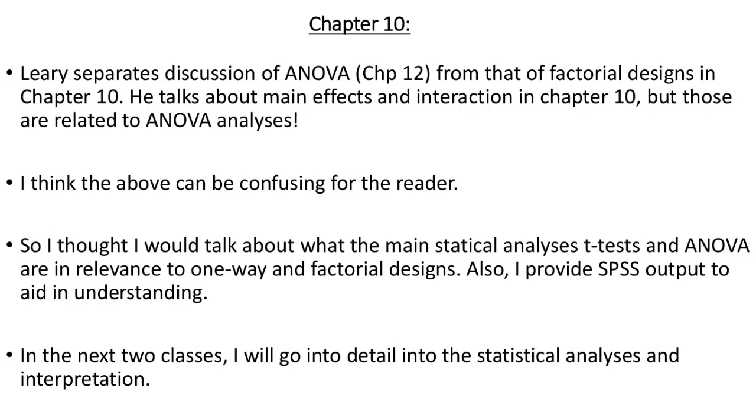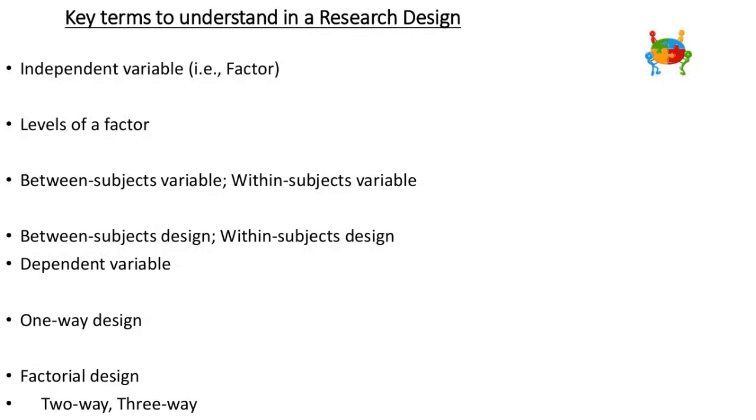I'll talk about the main statistical analyses, t-tests and ANOVAs, in relevance to one-way and factorial designs, and I'll also provide SPSS to aid in understanding. In the next two classes, you will go into more detail about the statistical analysis and interpretation. So let's go over some key terms which may help you for your lab midterm.